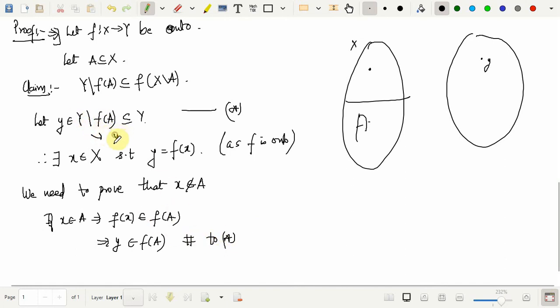This implies that y does not belong to f of A. It is from Y, but it's not coming from f of A.